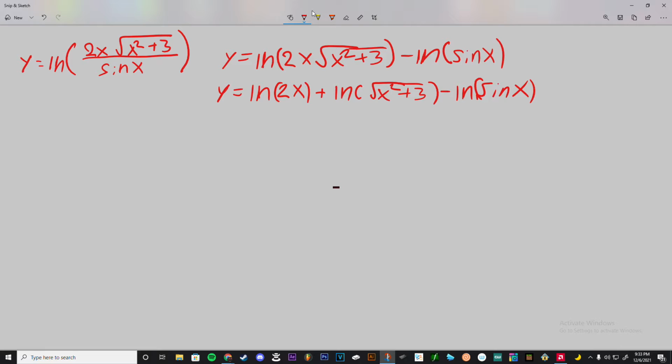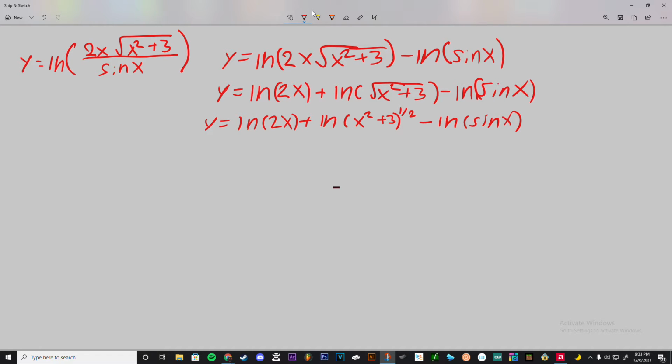Like that. And then from here, what I would do first is rewrite this thing so it looks like this, because it's a bit easier to see. So natural log of 2x plus the natural log of x squared plus 3 to the power of 1 over 2, because that is the same thing as the square root. So then the natural log minus natural log of sine x.